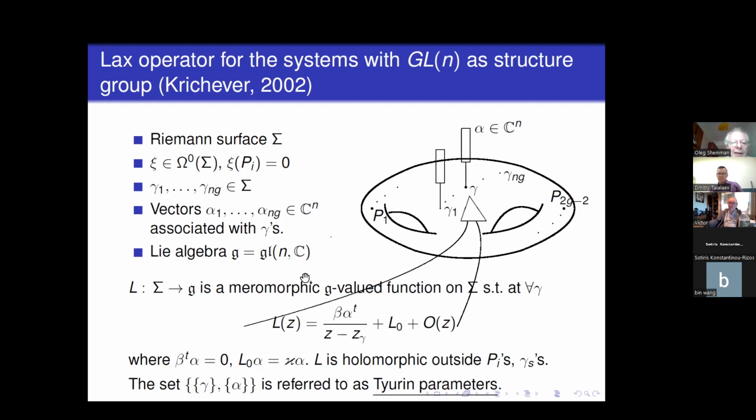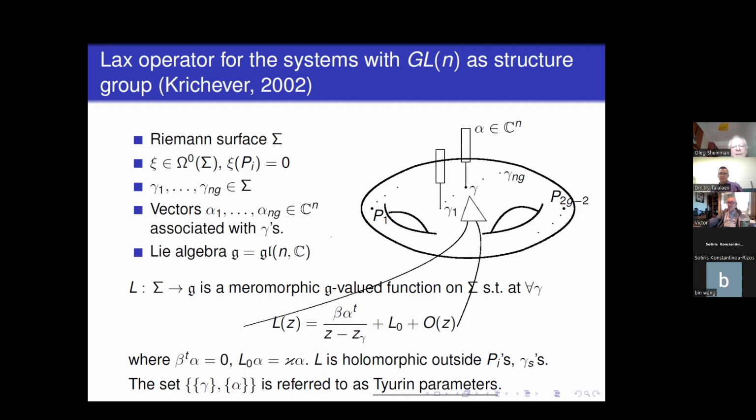Okay, and then the Lax operator of the Hitchin system with structure group GL_N is defined as a meromorphic map from our punctured Riemann surface to the Lie algebra GL_N.